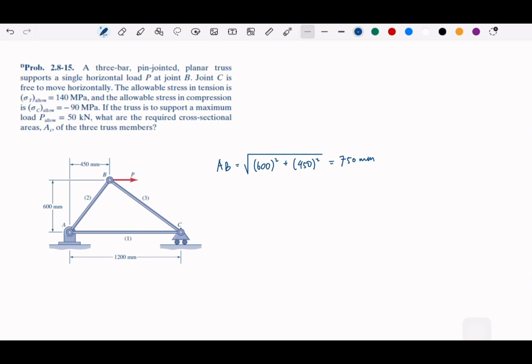I will write in meters in case there are other problems with the units. But if you've done it in millimeters, it should be okay. No problem. Okay, and then the same for BC.